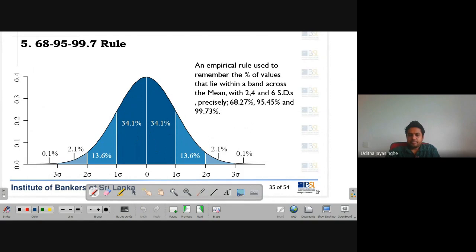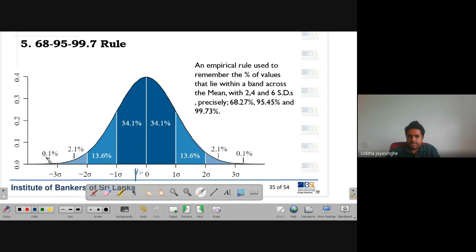What is the 0? This is the mu. What is this 1 sigma, 2 sigma? These are the standard deviations away from your mu of 0. And this dark blue area I have highlighted is symmetrical. So that's why this 34.1 and 34.1, and 13.6 and 13.6, 2.1 and 2.1, 0.1 and 0.1.